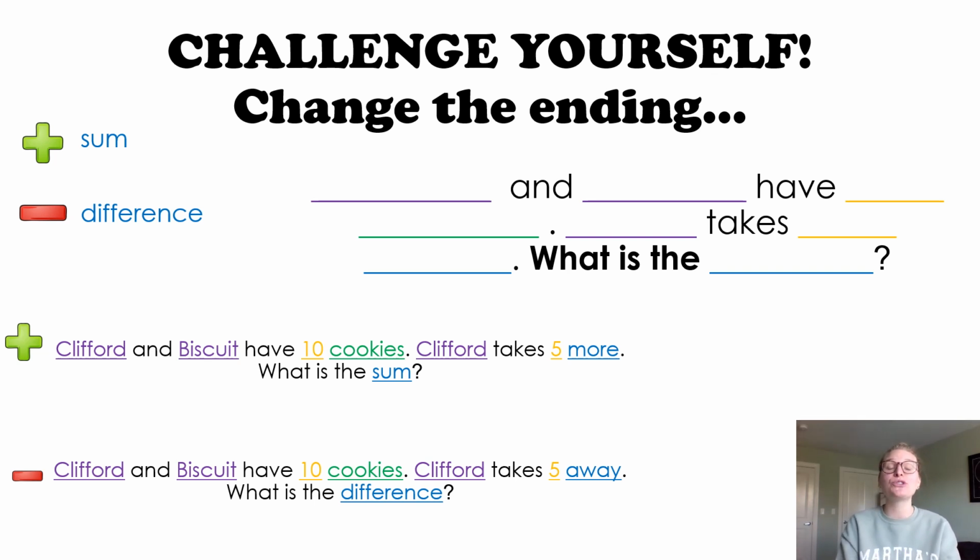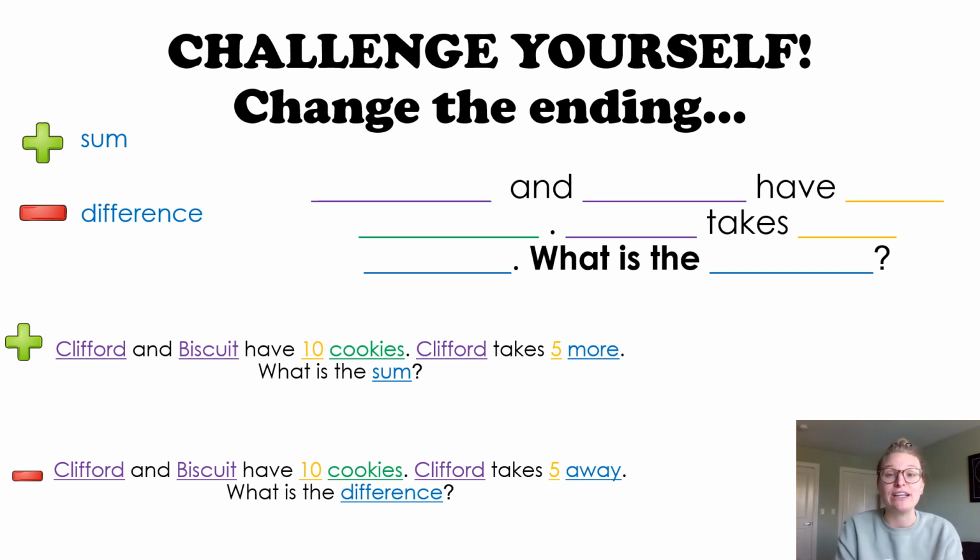And we're going to use the words sum and difference. And those are some fancy words in English that we can use when we want to talk about the total with addition, or when we want to talk about what's left over, the difference in subtraction.